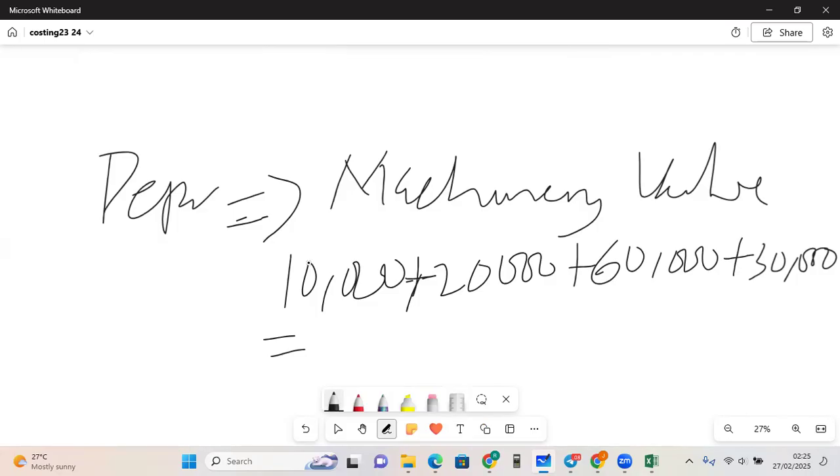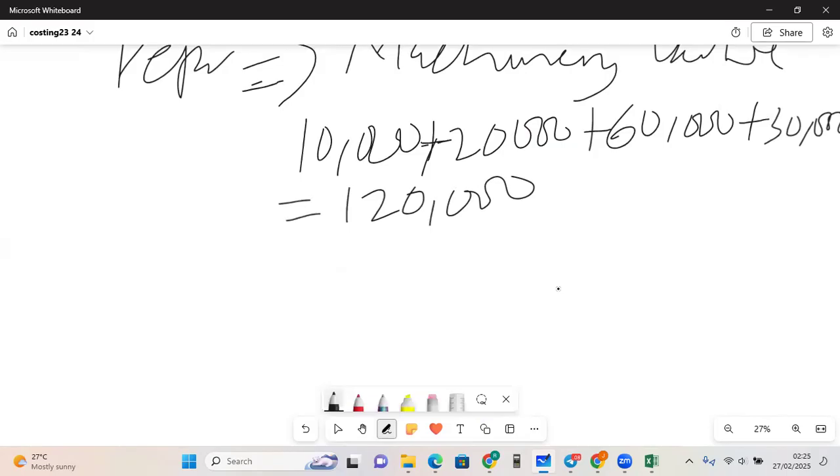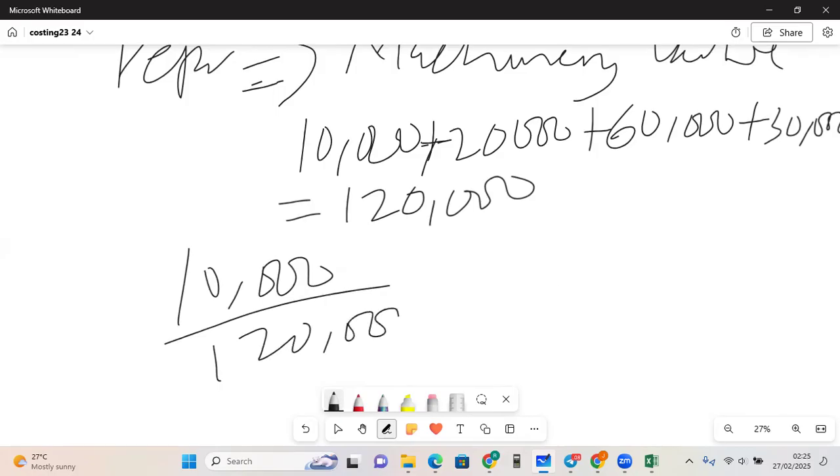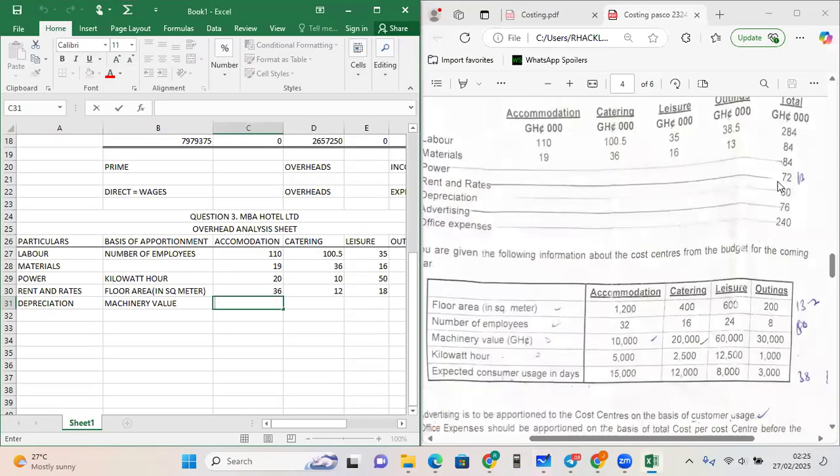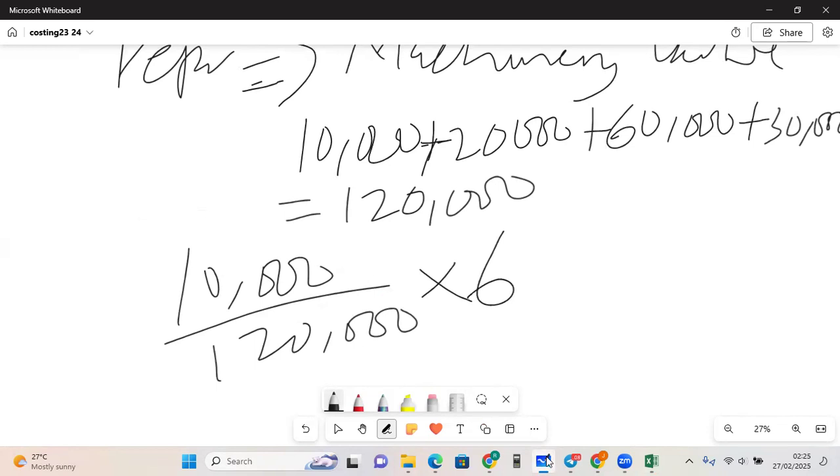And I guess it is 30, 30, 60 plus 60, 120,000. So now pick the first one, all over 120,000 times the total for depreciation, 6.